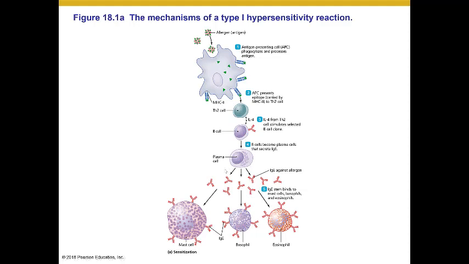Plasma cells develop, release antibodies designed for this allergen or the antigen, and instead of going and finding more antigen, the antibodies go out into the blood and find your granular white blood cells. Granular meaning these white blood cells have a whole bunch of granules inside of them, which are the inflammatory chemicals.